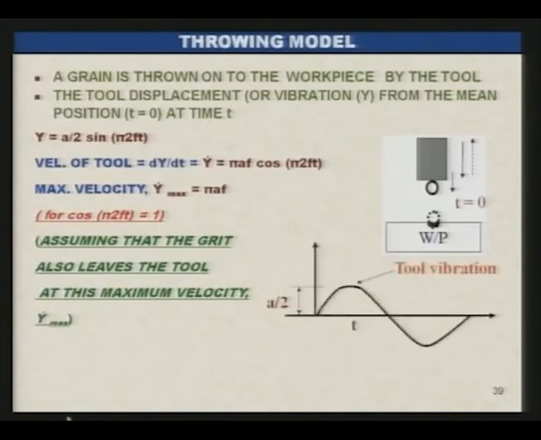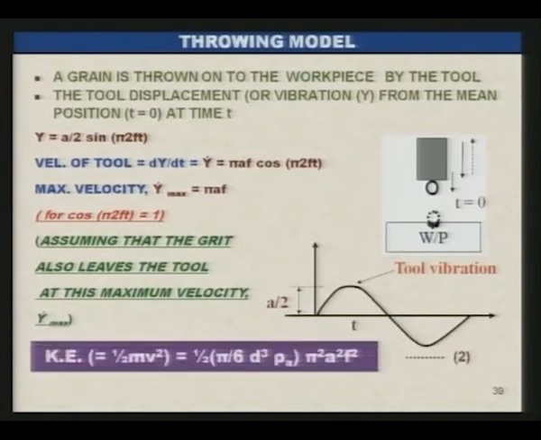This shows the tool vibration, where amplitude of vibration and the time both are shown. Now, from this we can find out the kinetic energy contained by the abrasive particle. We already know kinetic energy is given by half m v square, where m is the mass of the abrasive particle and v is the velocity of the abrasive particle with which it is moving towards the workpiece or hitting the workpiece.